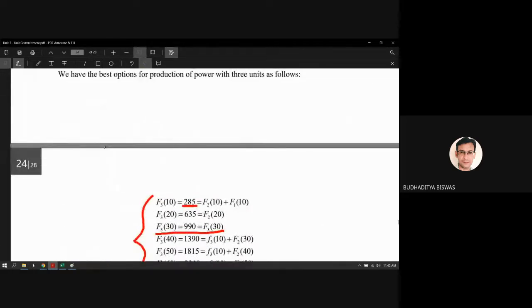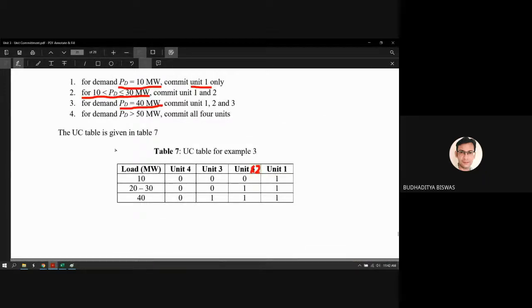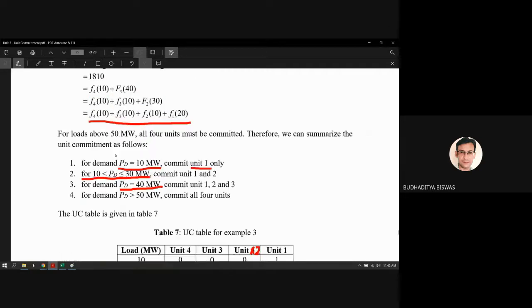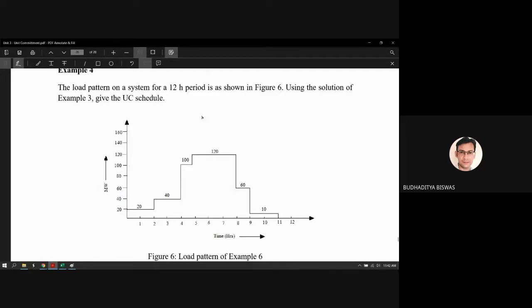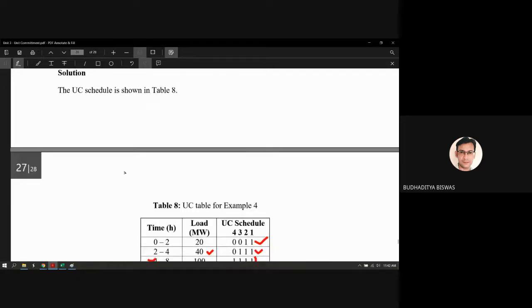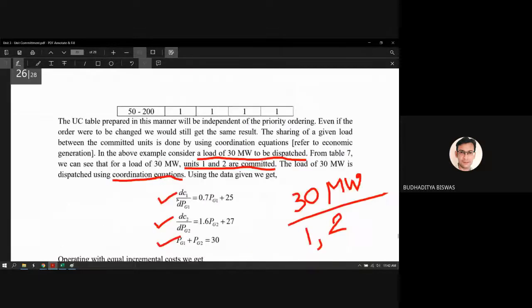Please try it at home, and after this you need to find this table. This is the calculation to find the minimum cost, and this is the problem. Once you have the data on at what generating cost what units should commit, finding the commitment is very easy, because this is the problem and that is the solution. But behind the solution, you need to do a lot of things.